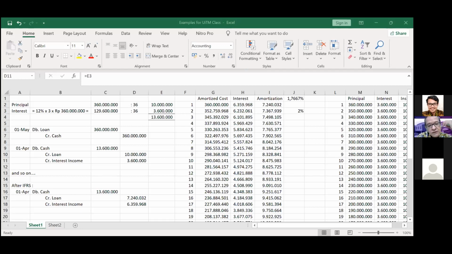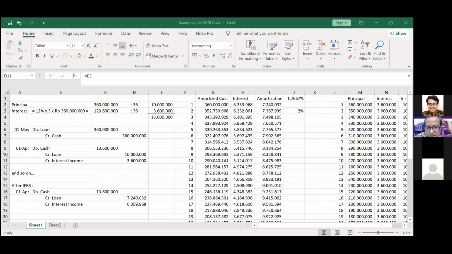Then the third part of changes in accounting standard is the loan losses. Before IFRS, the loan losses were stated by the government. There are 5 categories of loan: pass, special mention, substandard, doubtful, and loss. It depends on how many days past due from the contractual date of the loan.